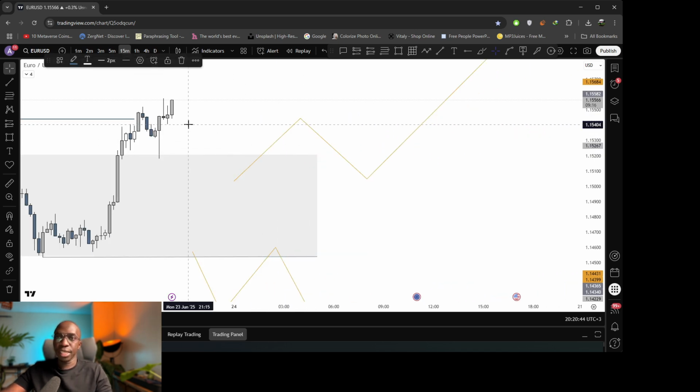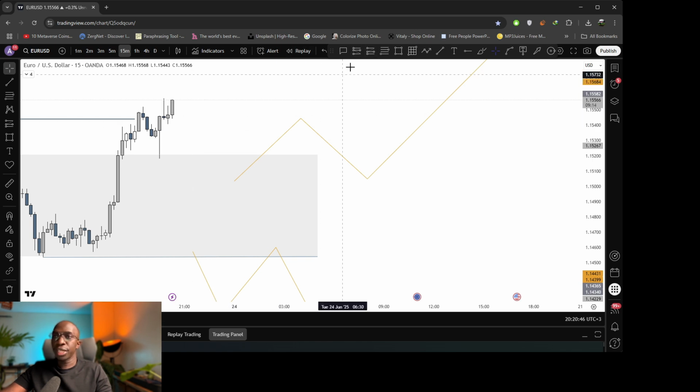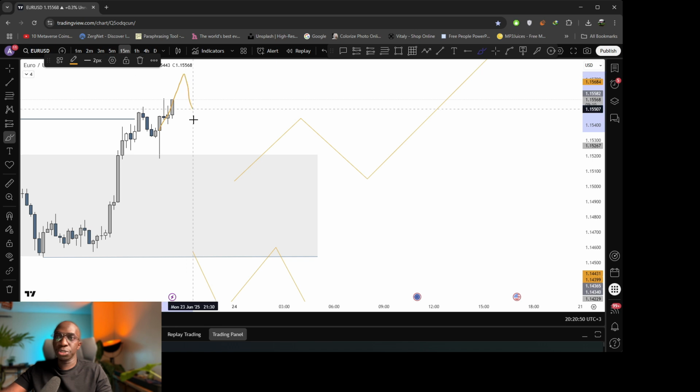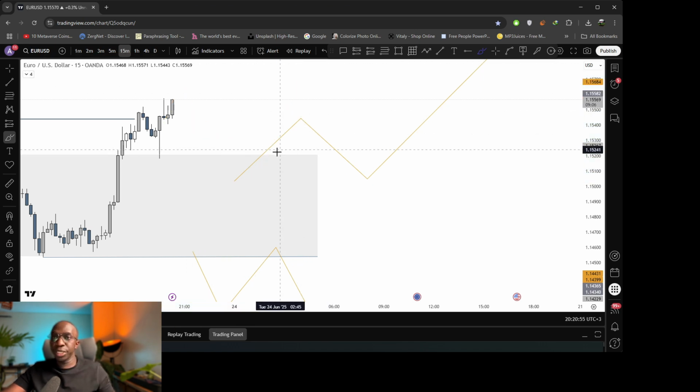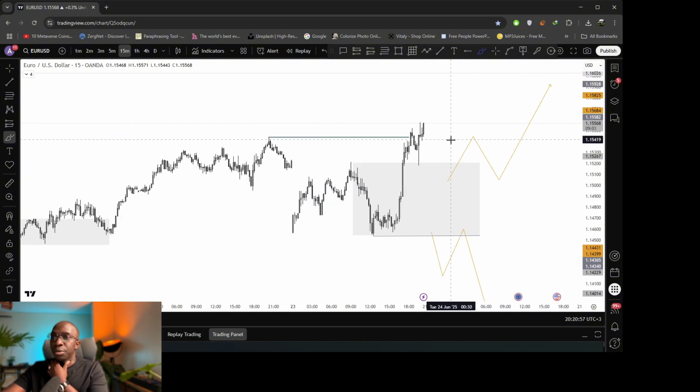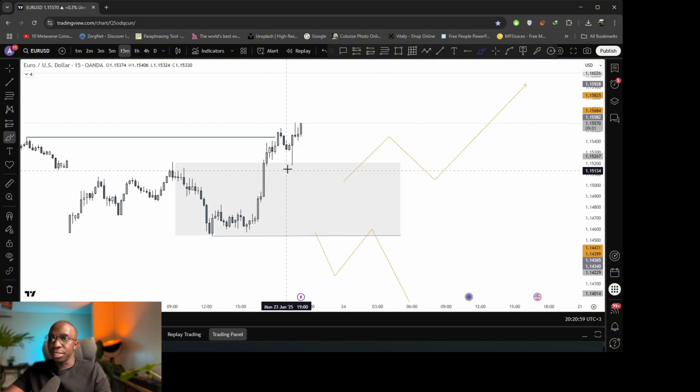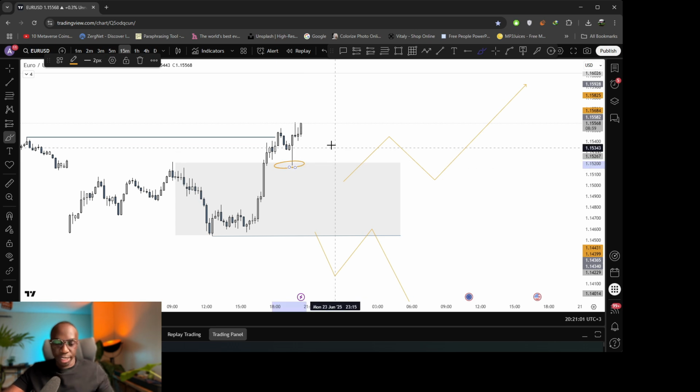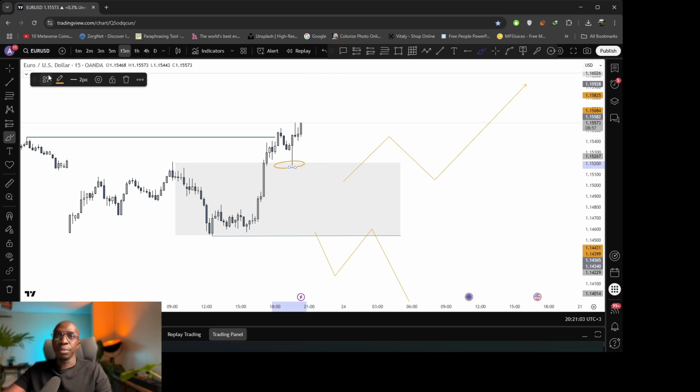Previous highs have been broken. So then if price continues breaking, I'd be looking for price to come back to the downside, and then we can buy continuations to the upside, because price does seem pretty bullish. Also, we can see that the dollar is quite bearish at the moment. So that is on the 15-minute time frame.